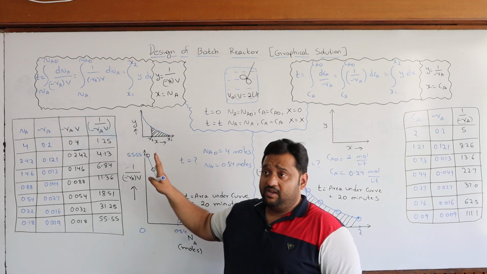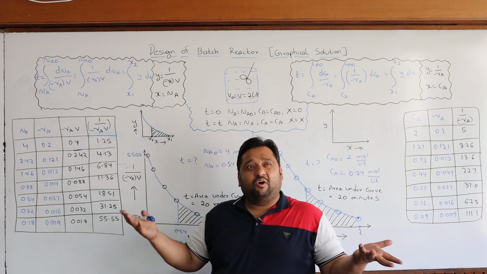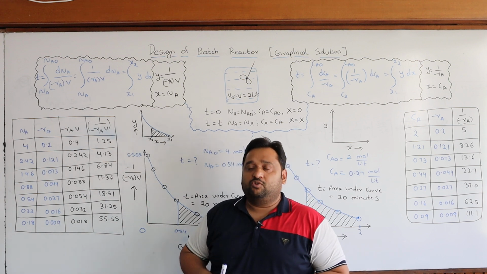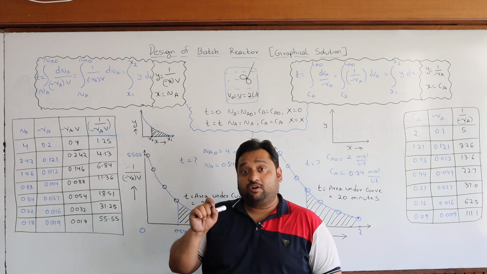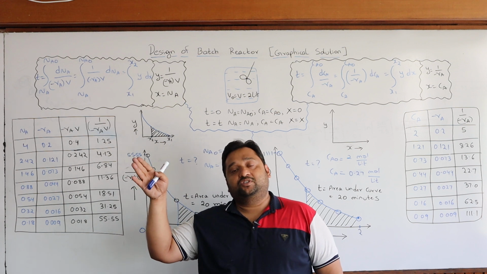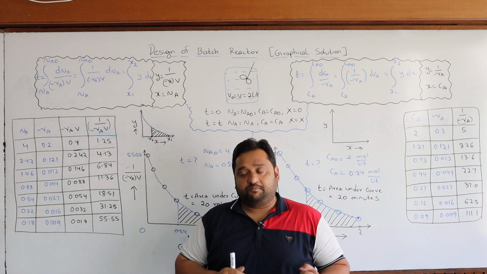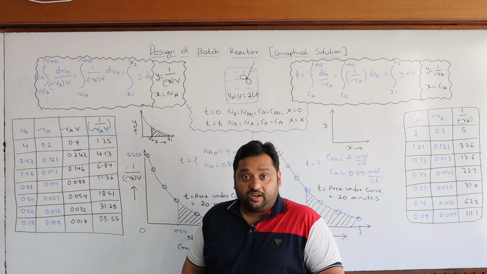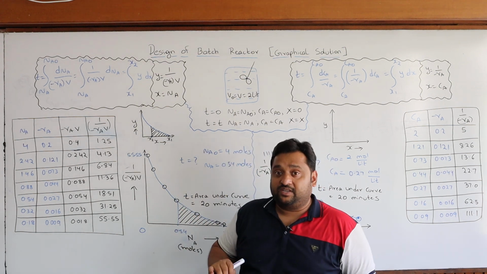It is simple. That means you do not know the order of the reaction. In such cases, because you do not know the order, you cannot plug in whether it is K or K CA in the design equation and solve for the time. Here you do not need to worry about what order of reaction is happening in the reactor.